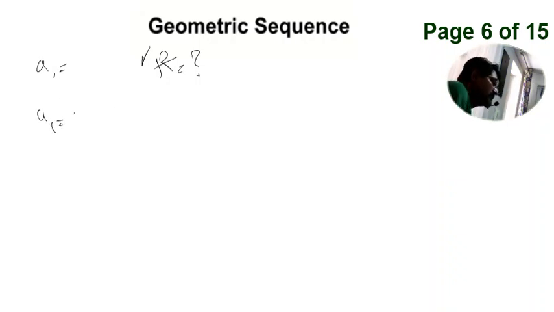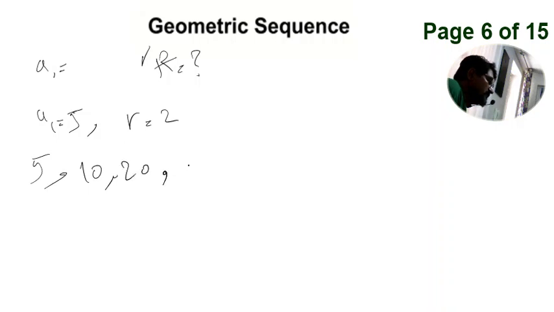Example, A1 is 5 and r is 2, so we have 5. The next one, 5 multiplied by 2 is 10, then 20, 40, 80, 160, 320.